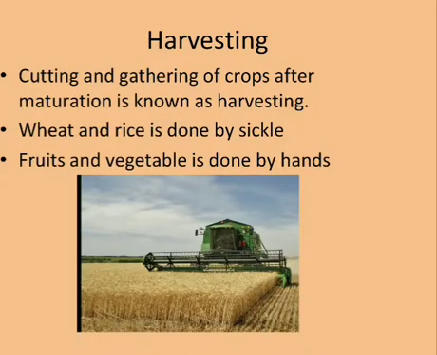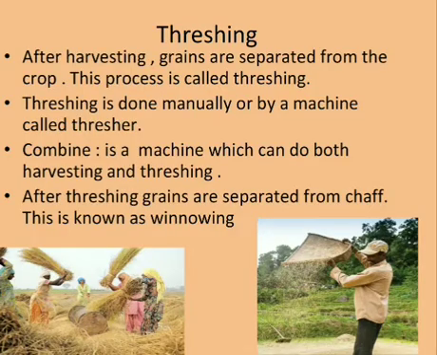Our next agricultural practice is harvesting. Cutting and gathering all crops after maturation is known as harvesting. Wheat and rice are harvested by sickle. Fruits and vegetables are harvested by hand. After harvesting, the grains are separated from the crop.